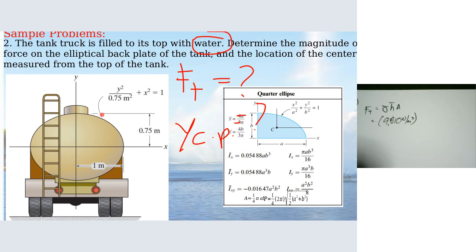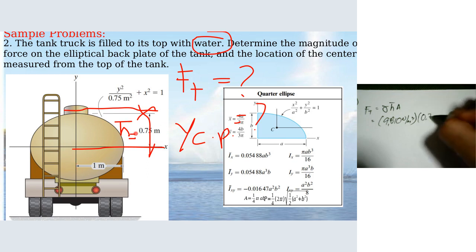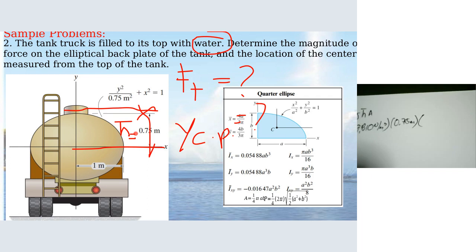So that is the distance, okay, half ng ellipse. Okay, so this is yung H bar. So kalahati itong ellipse na to. So that is 0.75 meter. And then we'll have to multiply the area.